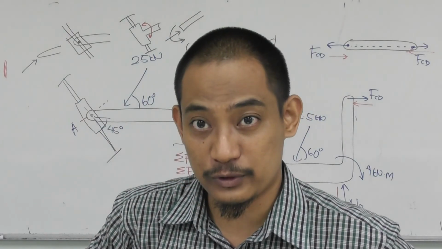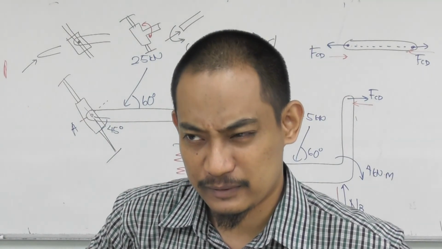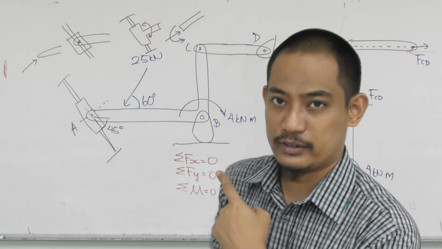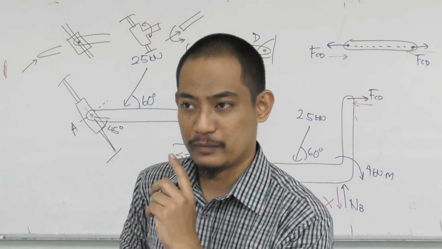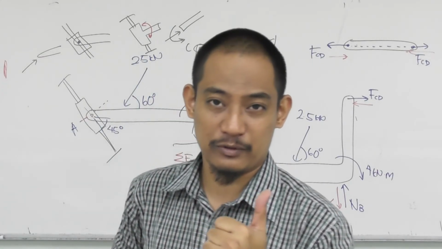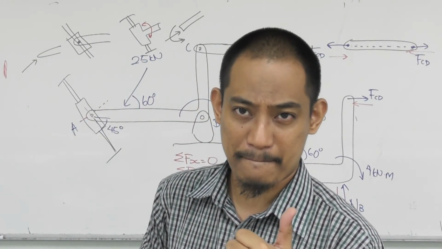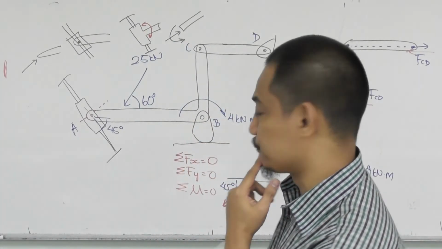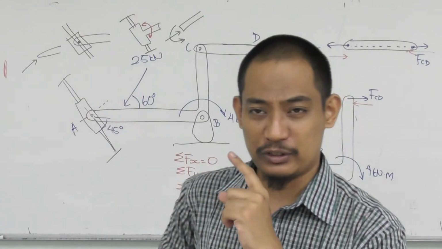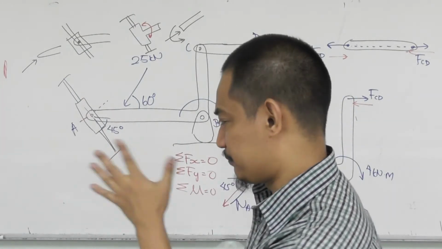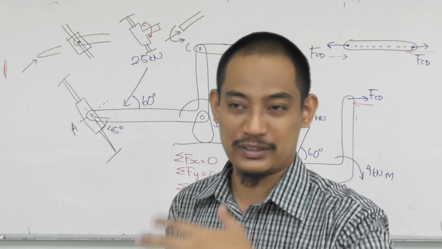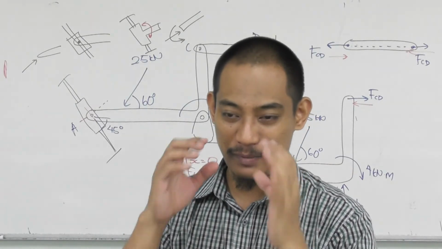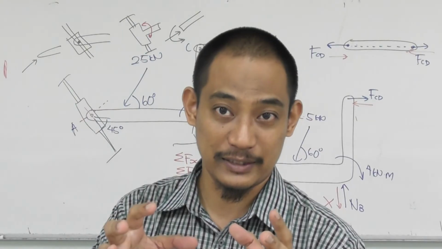Hopefully you have understood, and this is very important, because when you want to solve the equilibrium problem, the first step is always the free body diagram. If you skip this free body diagram, one, you will not get any marks, because marks are given specifically for the free body diagram in the exam, right?